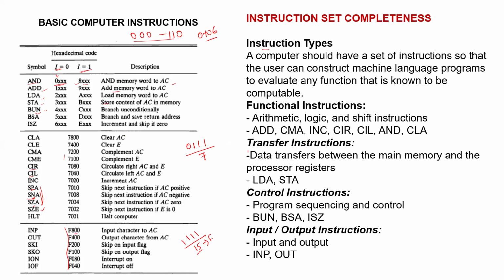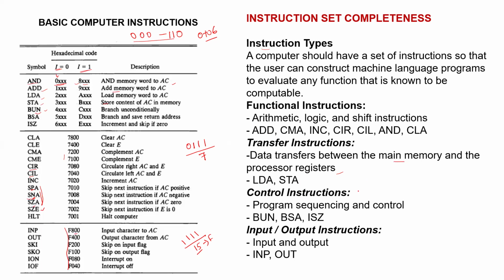Next, we have transfer instructions. Here the transfer of data takes place between two locations. This transfer may be between the main memory and the processor registers, or sometimes between registers also. So LDA is going to load the accumulator, and STA is going to store the information.